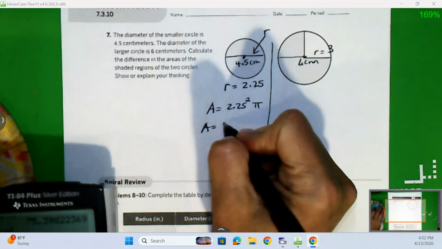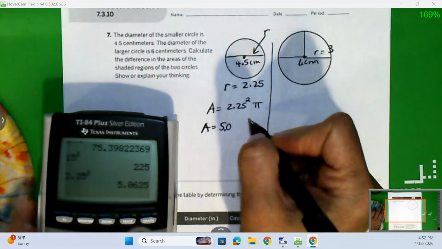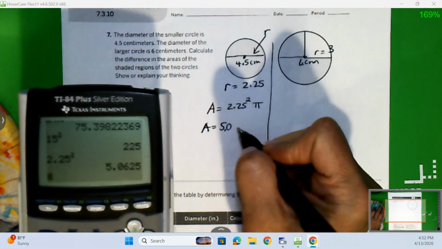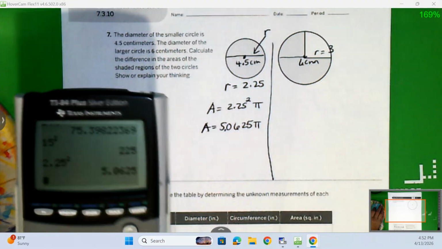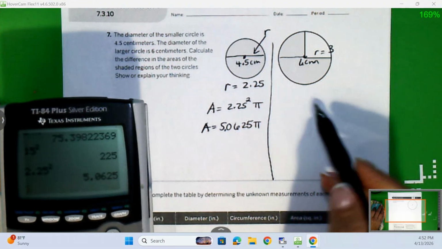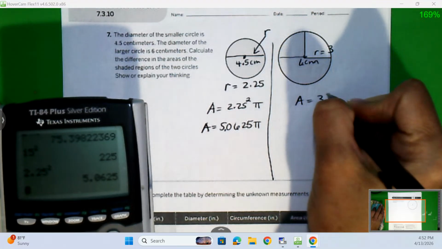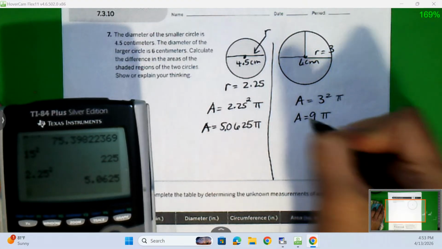Okay, that's giving me 5.0625 pi. I'll leave it like that for now and then go on to this one. This one, r is 3, so our area is 3 squared pi, and 3 squared is 9, so 9 pi.